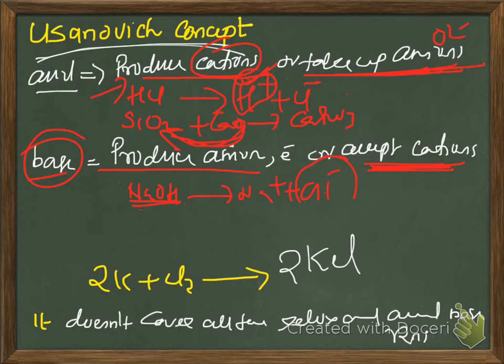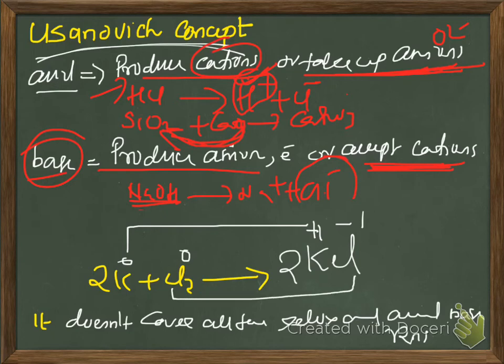2K means potassium in zero oxidation state. Cl2 means chlorine in zero oxidation state, but in KCl, K is plus 1, Cl is minus 1. Potassium goes from 0 to plus 1 and chlorine moves from 0 to minus 1.